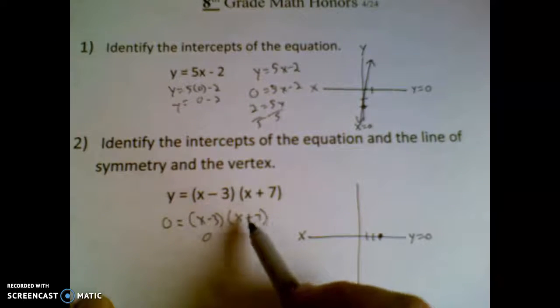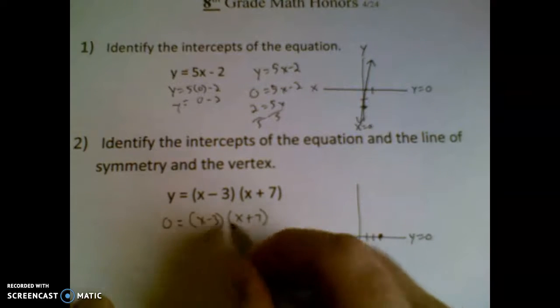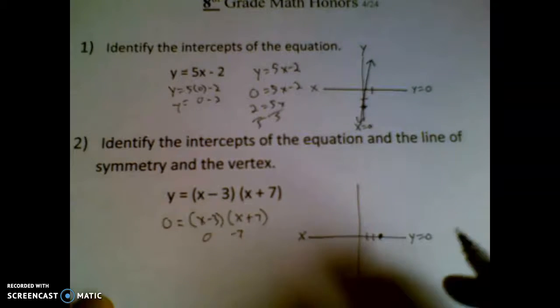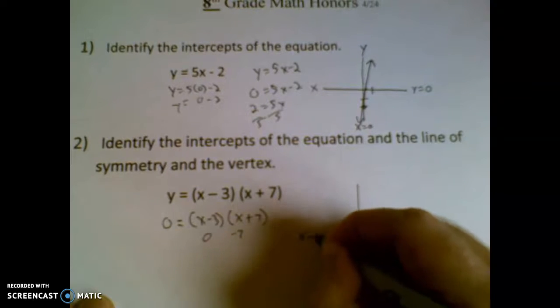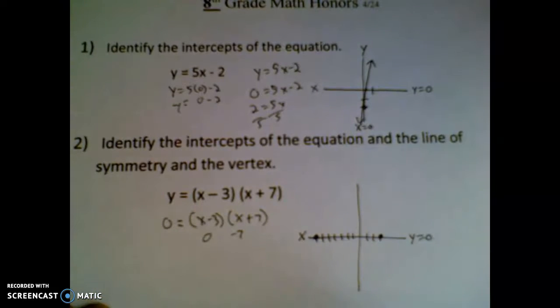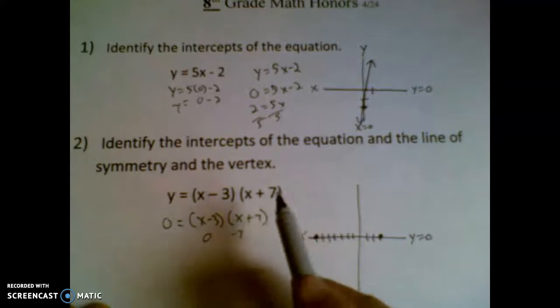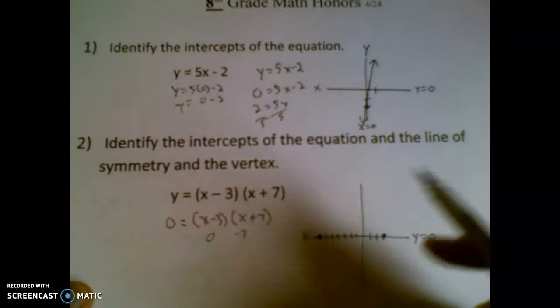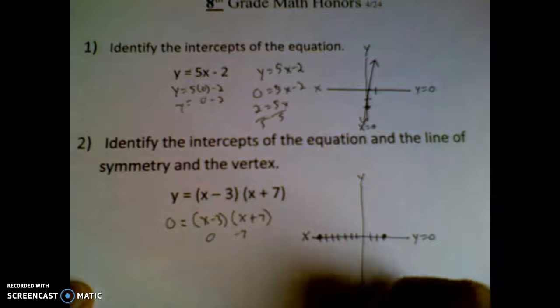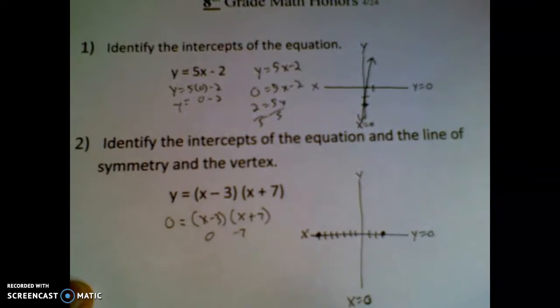And it looks like if I make x over here -7, that would make the entire answer 0 as well. So -1, 2, 3, 4, 5, 6, 7 is my other x-intercept. Then they need the y-intercept, and that is again meaning that the x value has to be 0.